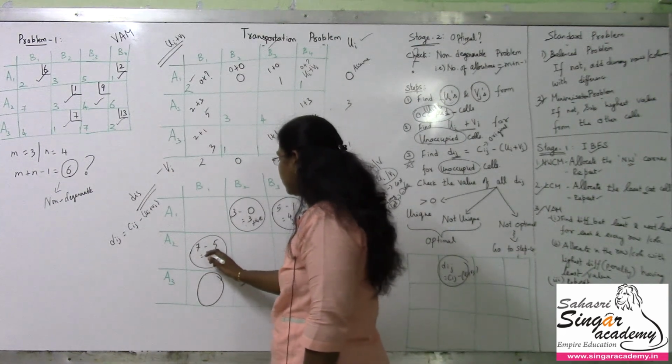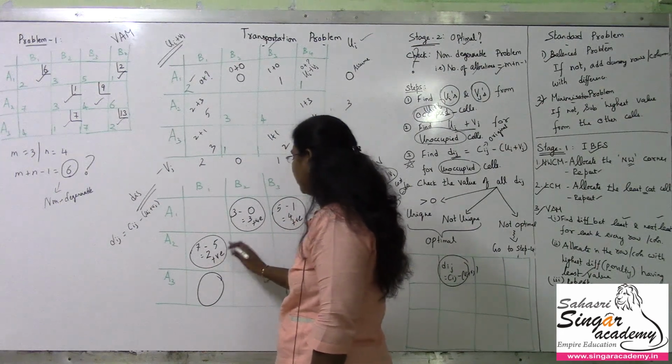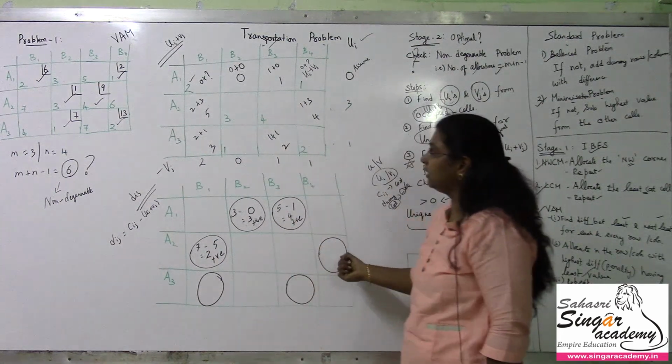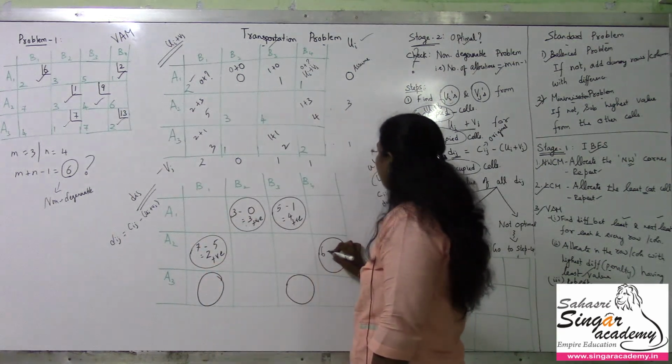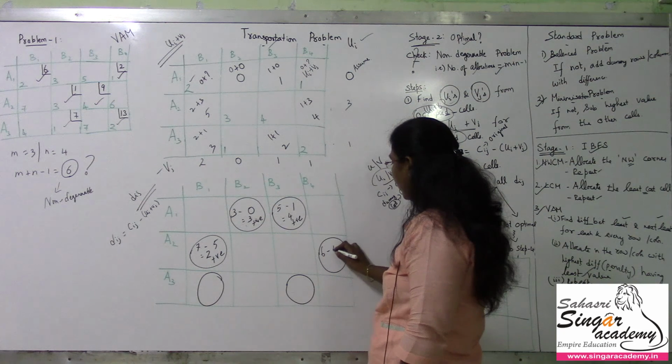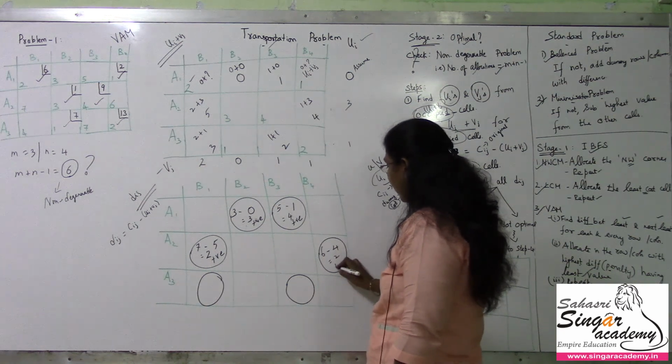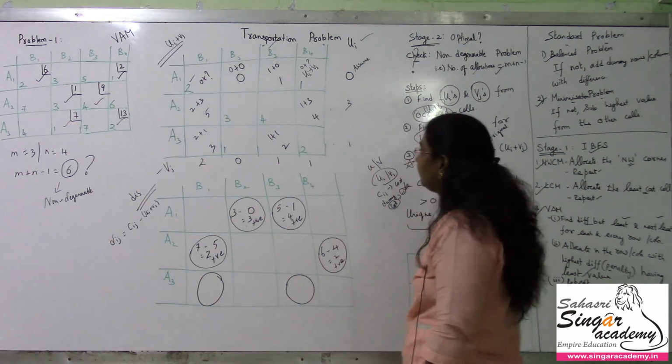So the value here is 2, yes it's positive, no issues then. Here, next one, my original cost for this cell is 6, yes 6 minus this value 4 ui plus vj, which is equal to 2, again positive, no issues till now.